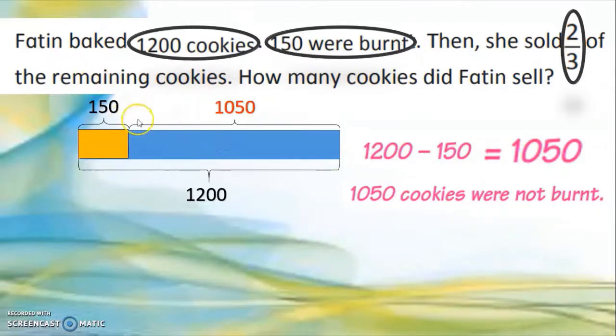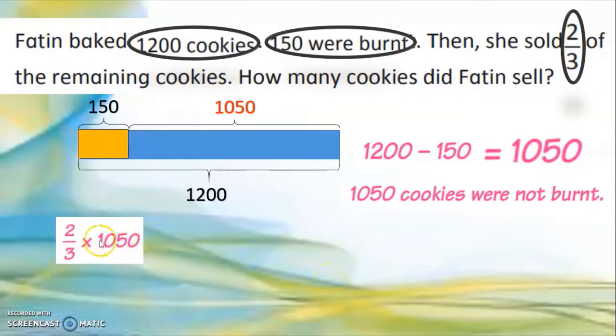So this figure is 1,050. And for the total remaining cookies, we're going to take the 2/3. So 2/3 of 1,050 means 2/3 times 1,050.